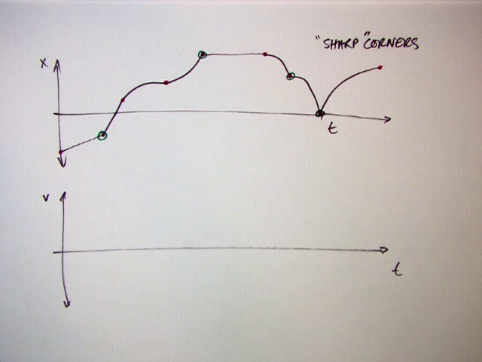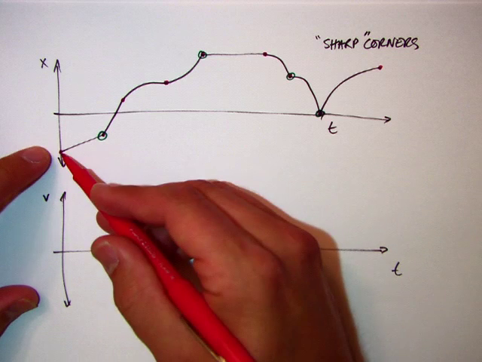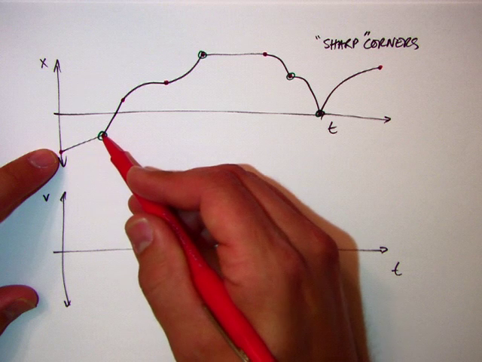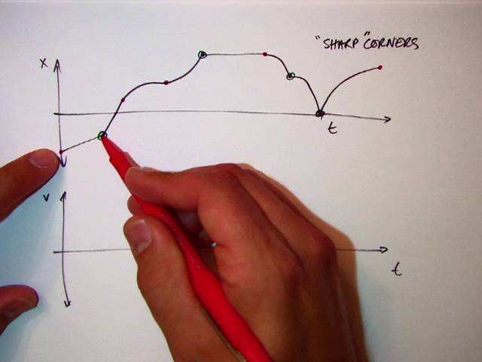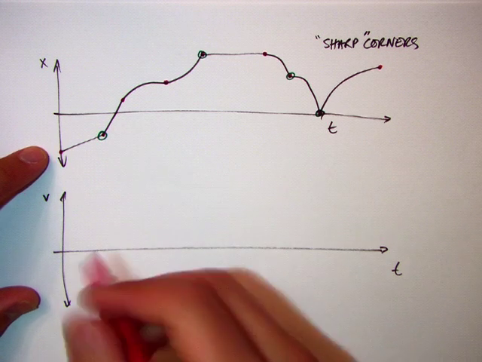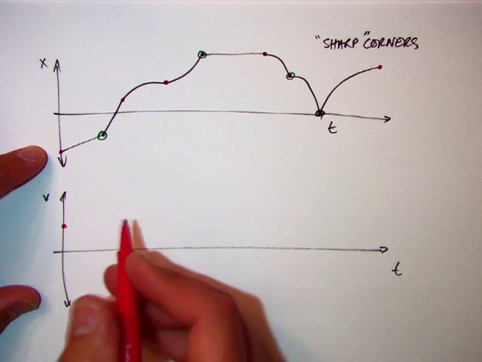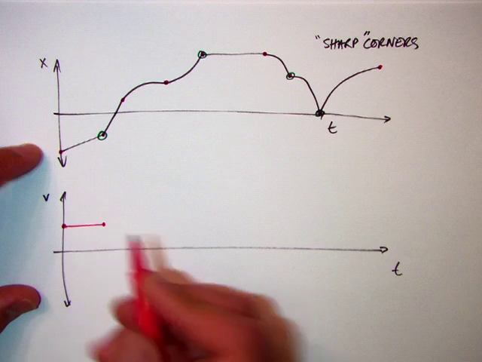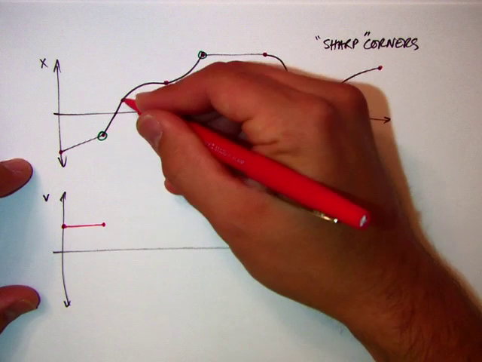It's a little wordy, but hopefully you get the idea. Alright, so I start at a negative position and I move in the positive direction, so with a positive slope, so I have a positive velocity, and it's a straight line, so it's constant. So I start with a constant positive velocity.